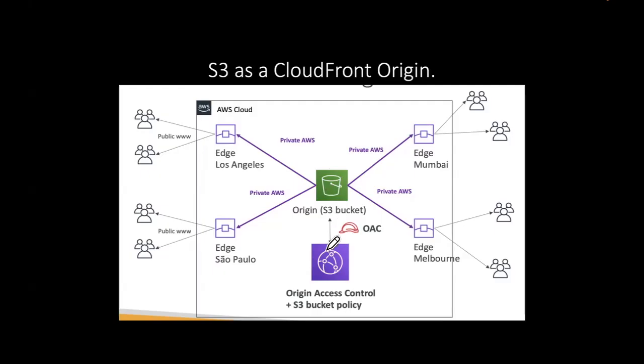And in passing, we also mentioned this notion of an origin access control entity, which allows us to secure the S3 bucket from public access. What this does is make the contents of the S3 bucket only available to the distribution, to the edge location servers.